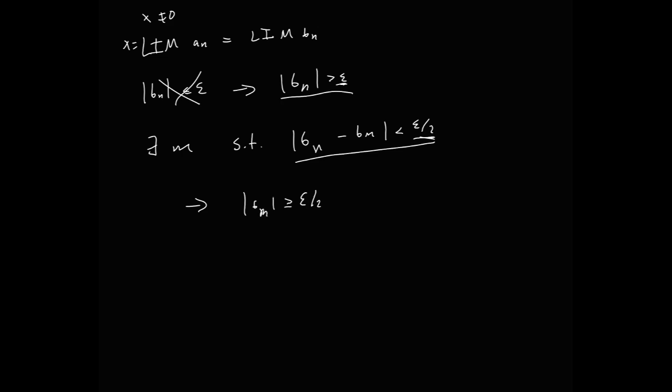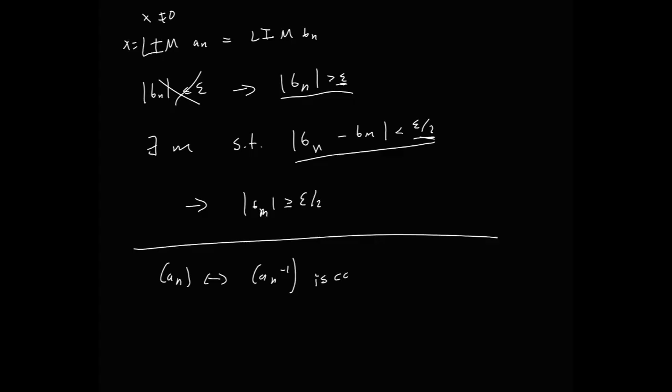Okay, so now what we can do is say that if a_n is Cauchy and bounded away from 0, then we take this reciprocal, and this is also Cauchy. It's not too hard to prove this. You take 1 over a_j minus 1 over a_k, which is equal to the absolute value of a_j minus a_k over a_j a_k.